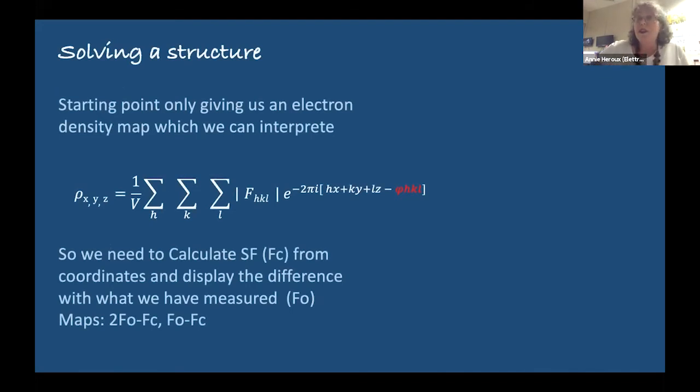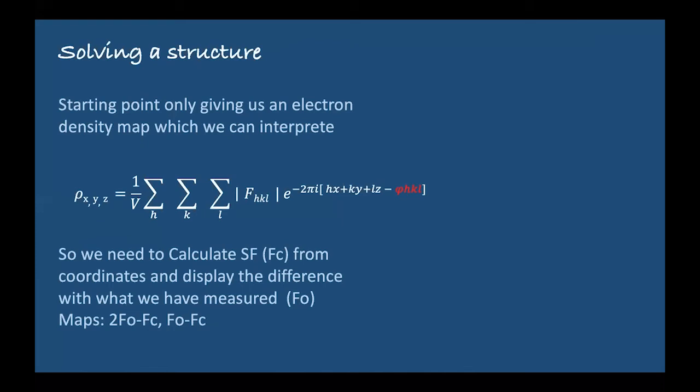Very often you will hear crystallographers say, oh yeah, I solved my structure. And the question is, what does that mean exactly? Solving a structure is basically getting your first electron density map. If you have no information about your protein, you just get a starting point.